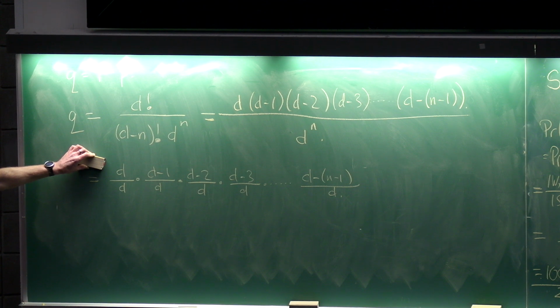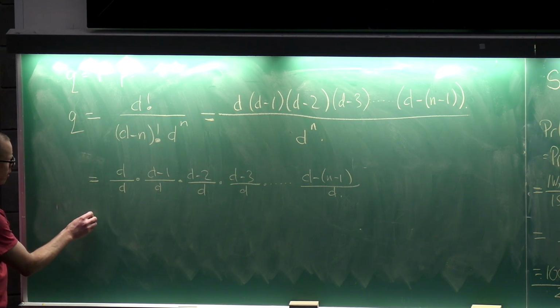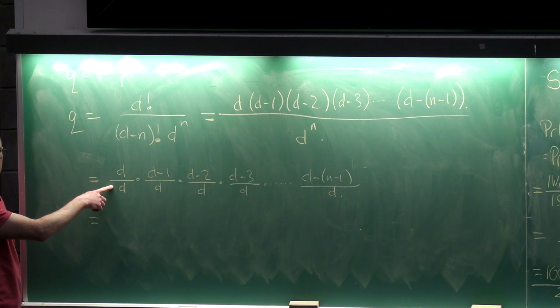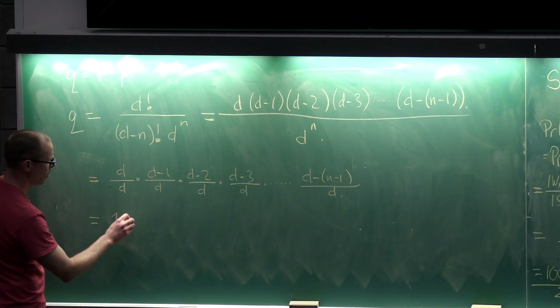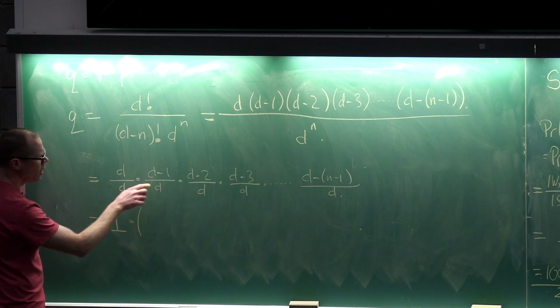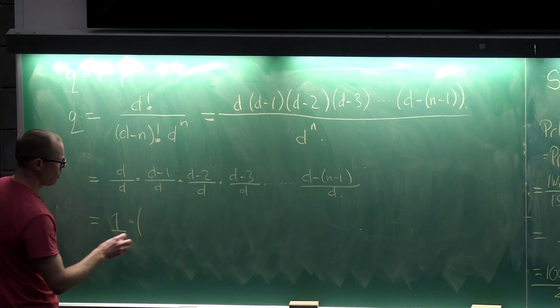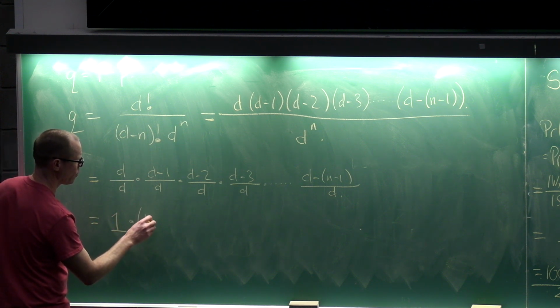And these things also can be cleaned up a little bit. D over D for sure has a simpler representation. This is 1. And D minus 1 over D actually has a more complicated representation, but it's useful for us.